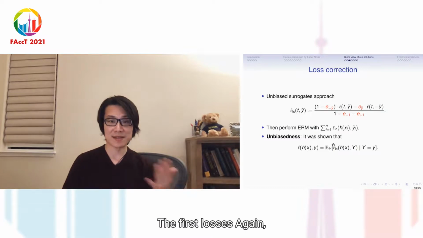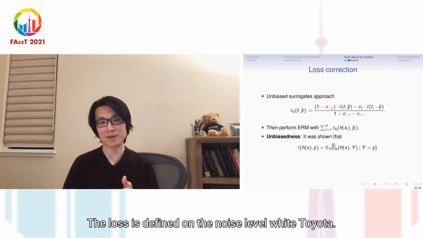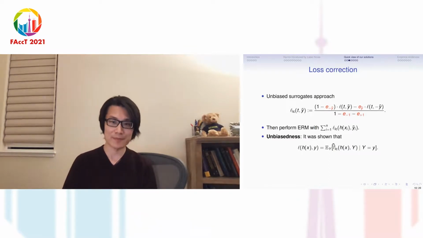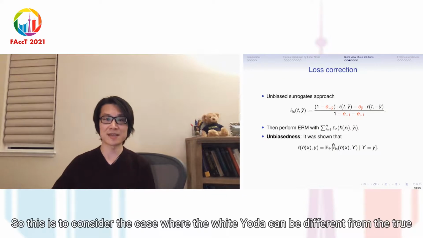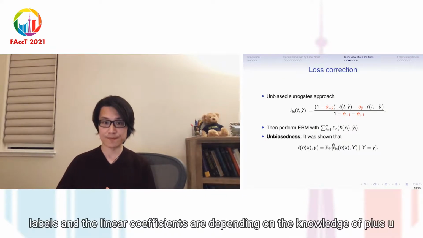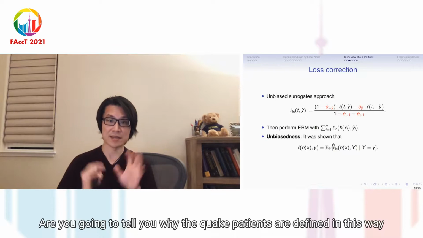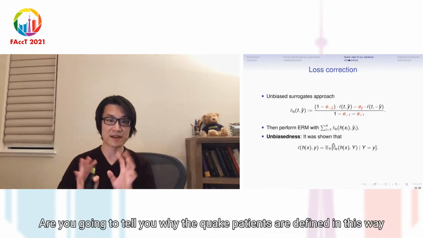The first loss is, again, the loss defined on the noisy label y tilde, but the second loss is defined on the opposite of the noisy label, minus y tilde. This is to consider the case where the y tilde can be different from the true labels. And the linear coefficients depend on the knowledge of E plus and E minus. I'm going to tell you why the coefficients are defined in this way.